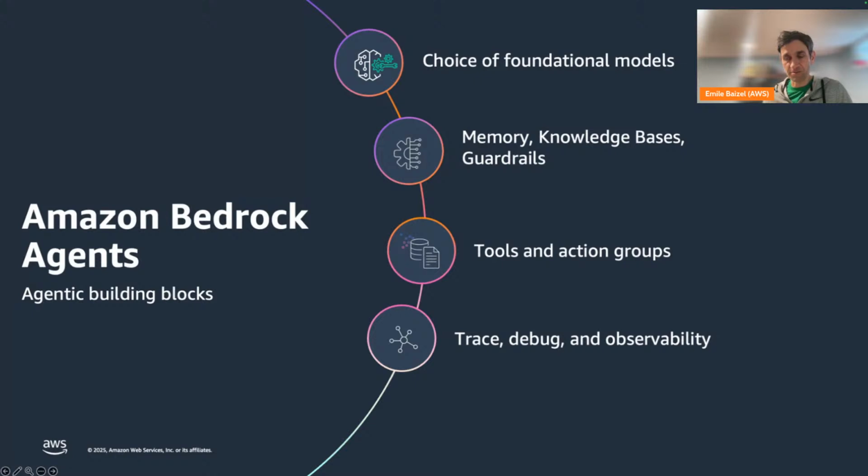And the action groups can be one-to-many different functions. And those functions are AWS Lambda functions there. Again, Lambda is serverless, agents are serverless, Bedrock is serverless. So there's no underlying infrastructure for you to maintain. It just scales as you scale, and you only pay for the resources that you use at any given time.